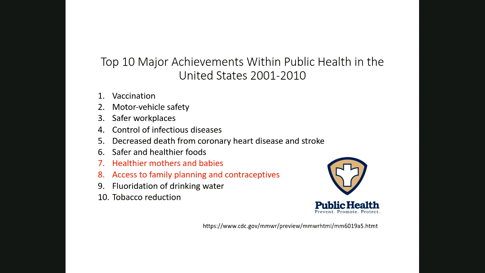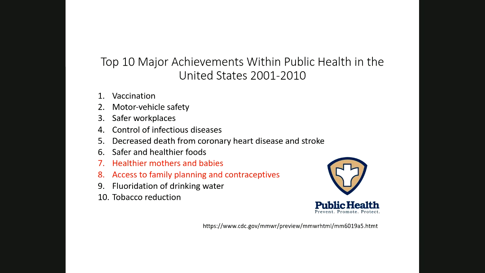So one of the first things I learned, or I feel like is kind of taught to you when you are a public health student, is the top 10 major achievements within public health in the US. And this is within this decade, 2000 to 2010. And these are all things that we have made improvements in. And two of those listed and I highlighted is number 7 and number 8, and specifically number 7, healthier mothers and babies.